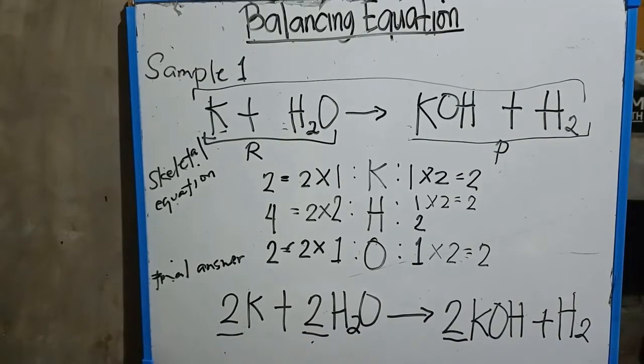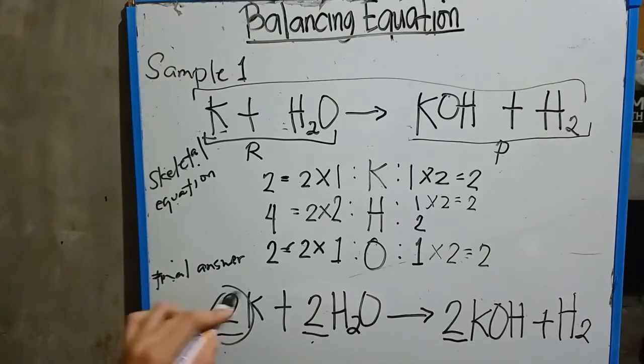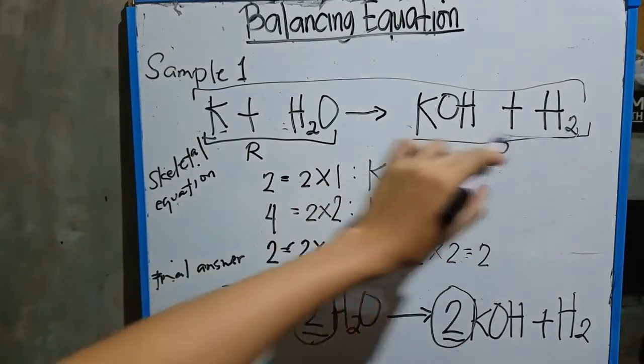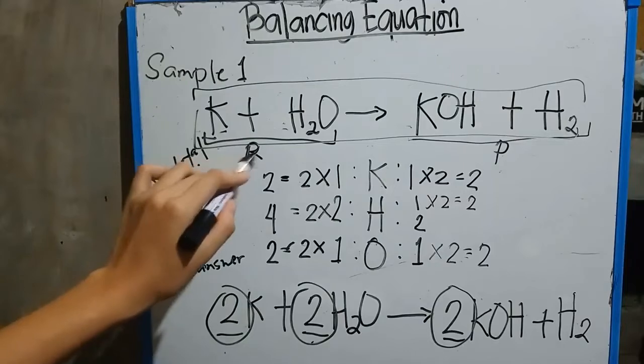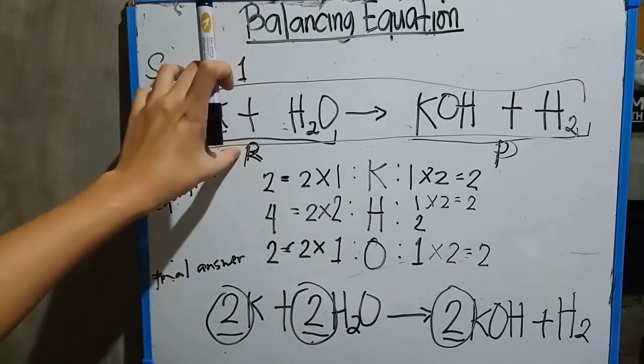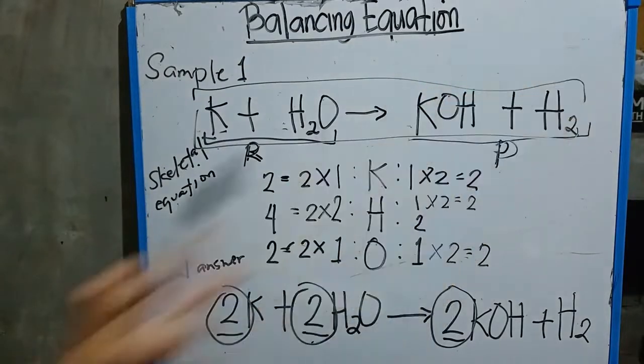These are the coefficients added in order to balance the skeletal equation, the ones we use to balance our skeletal equation. From reactants to product, the reactants and the product must be balanced.